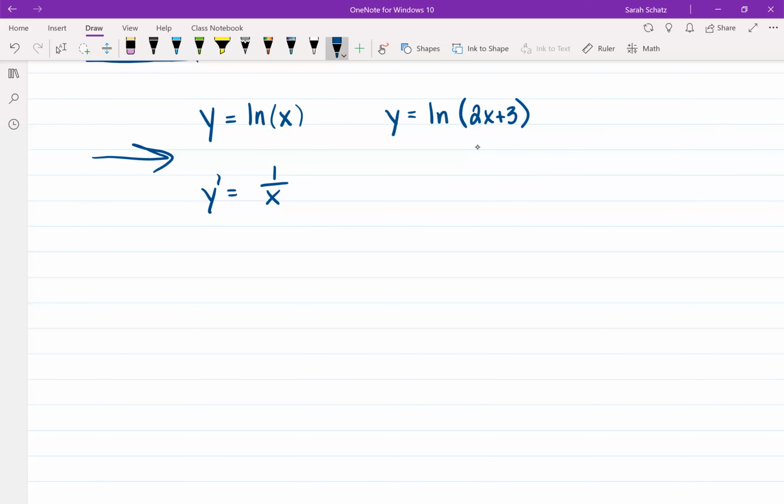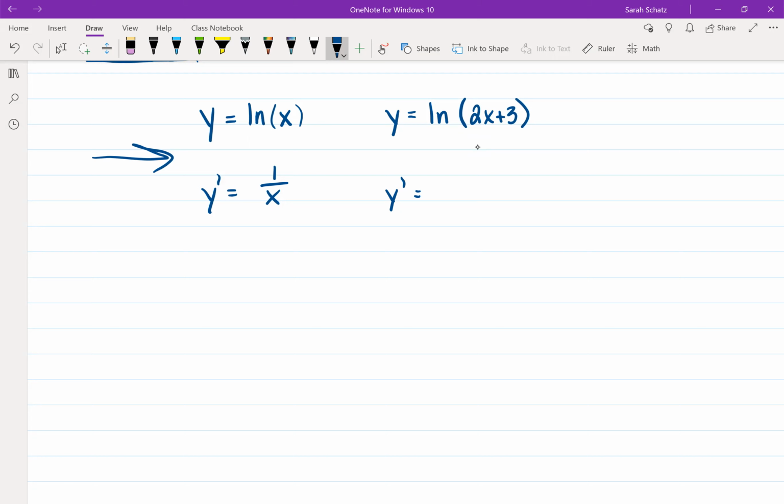Well, let's see what happens. Just like with the exponential, the fact that we had an e in the problem governed the way we took the derivative. It told us what rule to use first. Same with the natural log. Because it's a natural log problem, I have to use the natural log rule before I do anything else.